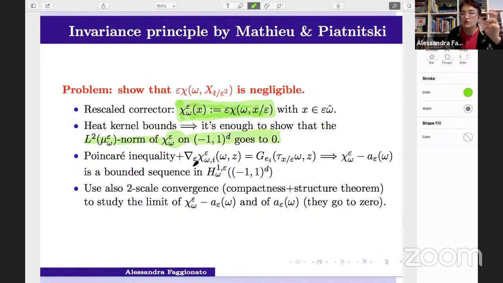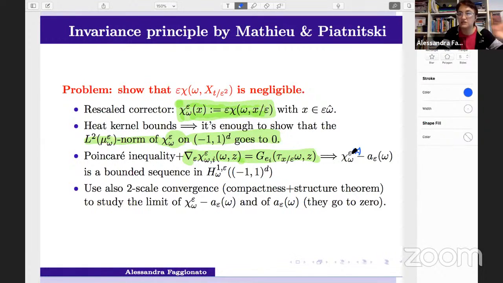Indeed, for the corrector, you know the epsilon gradient because it has been defined in terms of the differences of the corrector. So using the Poincare inequality and the definition of the corrector, which is essentially this, they show that the rescaled corrector centered, so minus a constant depending only on omega, is bounded. So when you vary epsilon, you have a family of functions, and this is a bounded family in the H1 space.